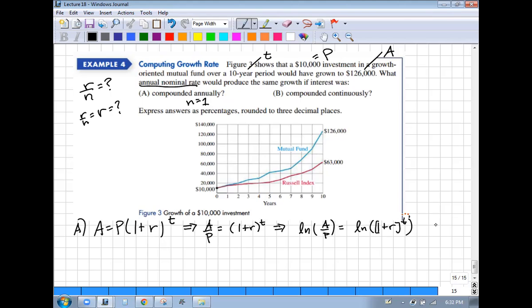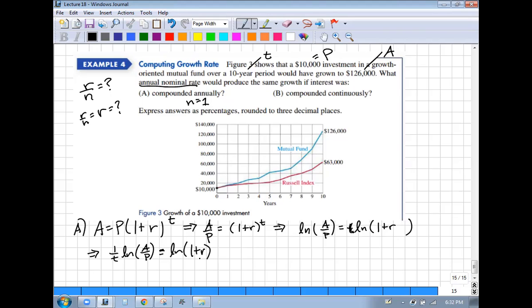Natural log, any log, with an exponent, I can bring this out front. Boom. All right, and then I don't need all these extra parentheses here. Now the T is out front. So let's see, divide by T, so I have 1 over T natural log of A over P would equal natural log of 1 plus R.